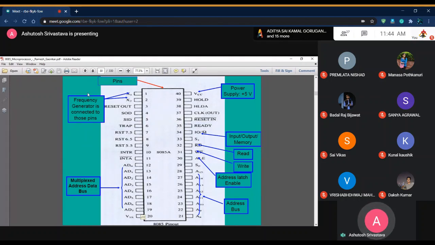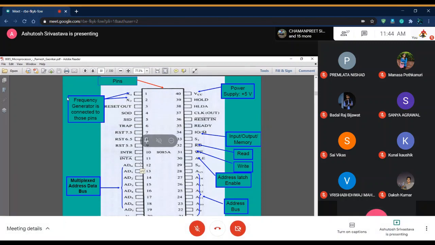So this is acting. These are the pins from which both your lower order address as well as the data from your RAM would be communicated.